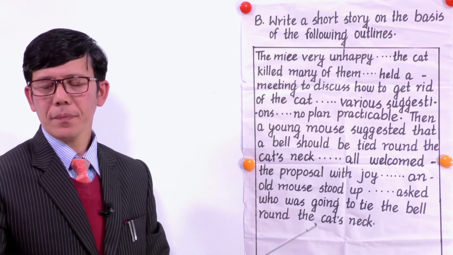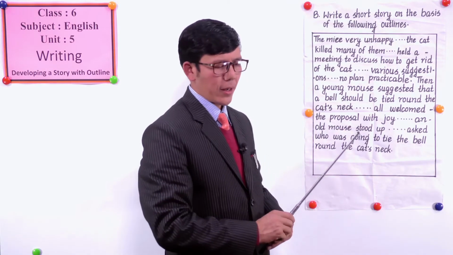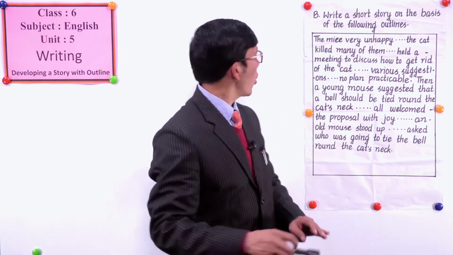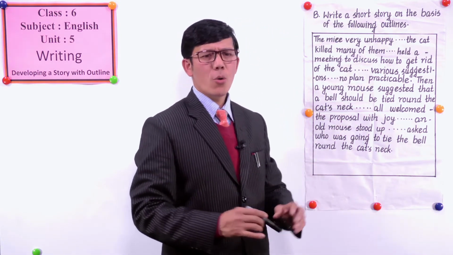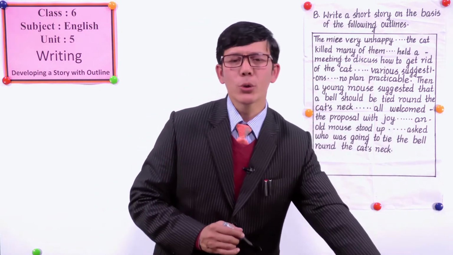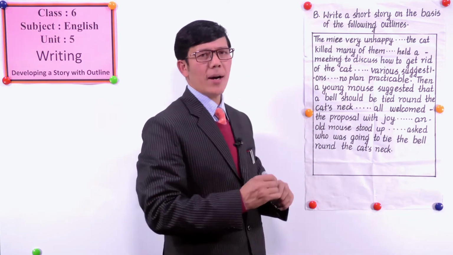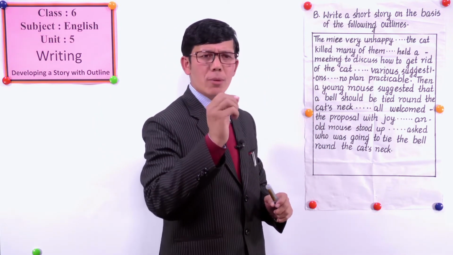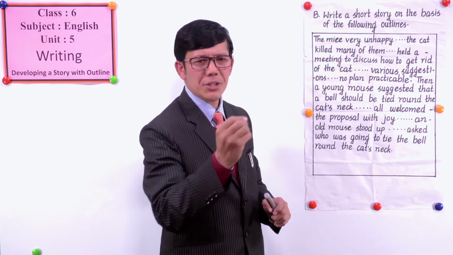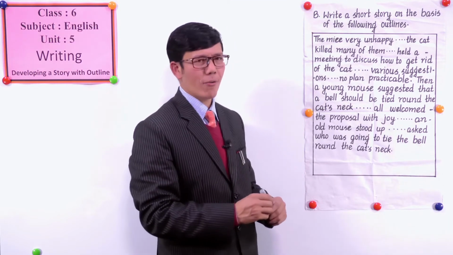If so, now, before we begin writing the story, let us talk a bit about what kinds of language are most often used while developing a story. I'm going to help you with some of the language that we can most often use while developing a story, so that you can write it better.